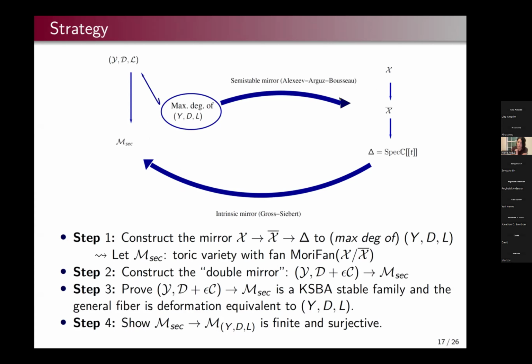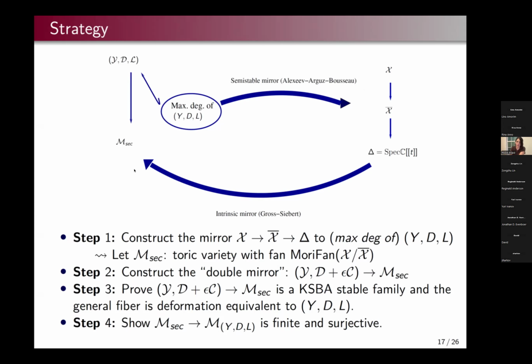You take the mirror of something and then take the mirror of the mirror, you come back to itself. But in the recent mirror construction of Gross-Siebert, when you start with arbitrary Calabi-Yaus, which are log smooth degenerations, you cannot go back because the mirror you construct is no more log smooth. So there was no way to come back.